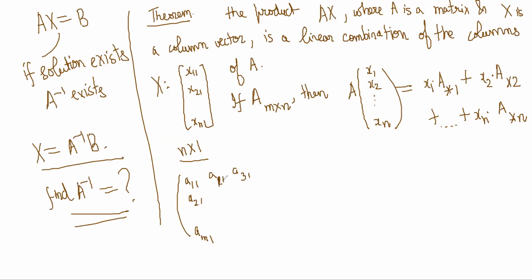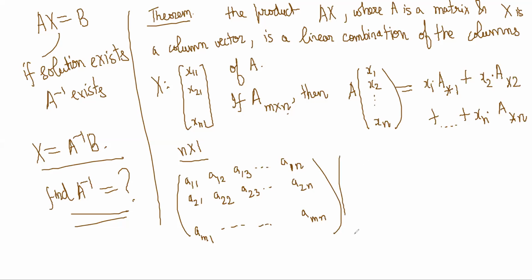This is first row, second column, and how many columns are there? N columns are there. So first row, nth column, and similarly A second row, third column, and this is A2n, and similarly this is Amn. This is my A matrix, right?